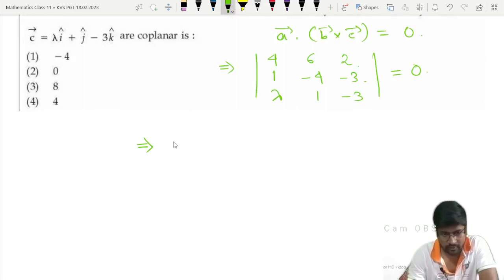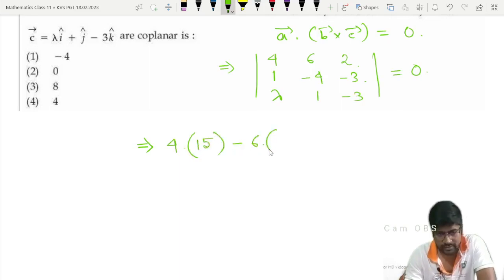So just expand this determinant with respect to the first row. 4 into this, we have 12 plus 3, 15. I am writing directly 15, minus 6 into minus 3 plus 3 lambda.